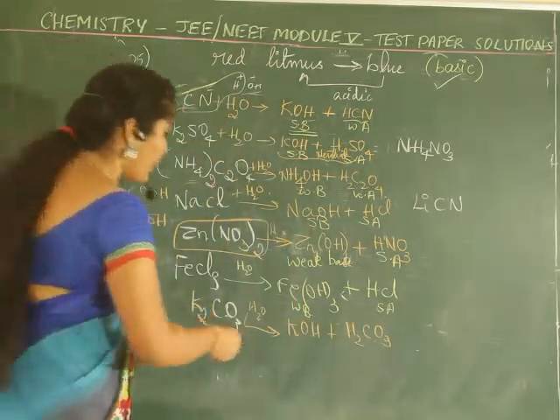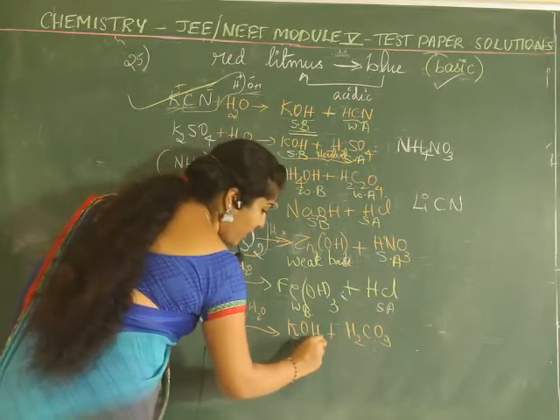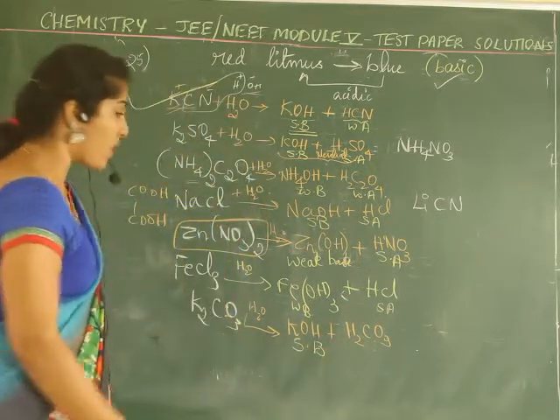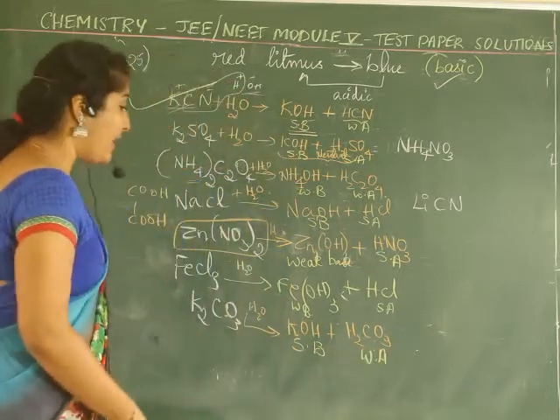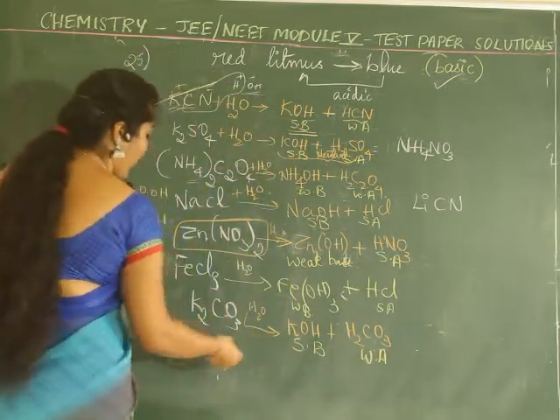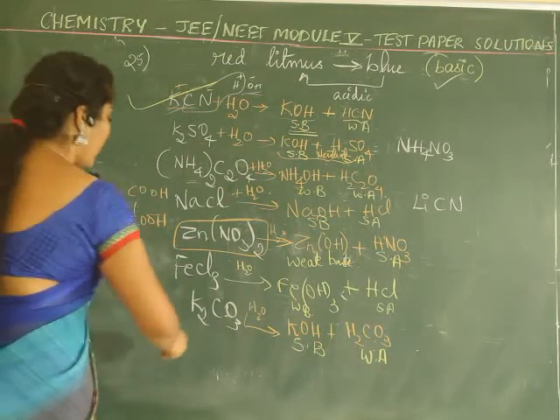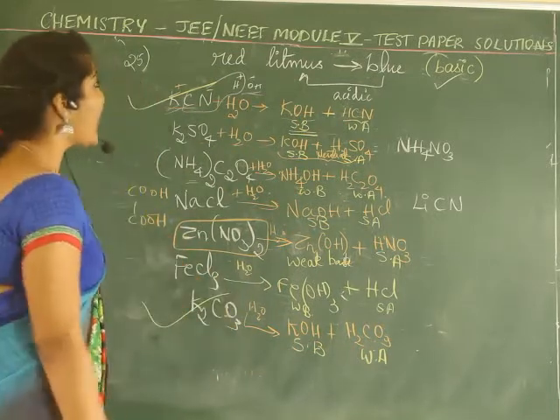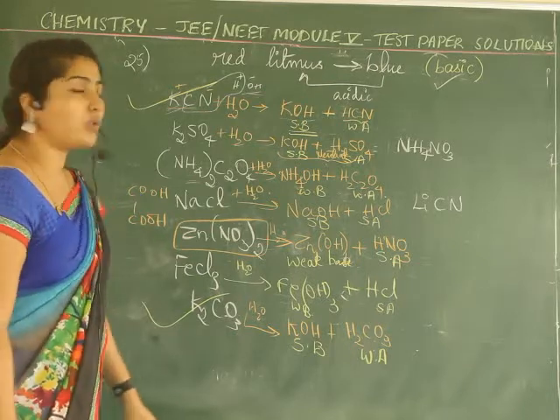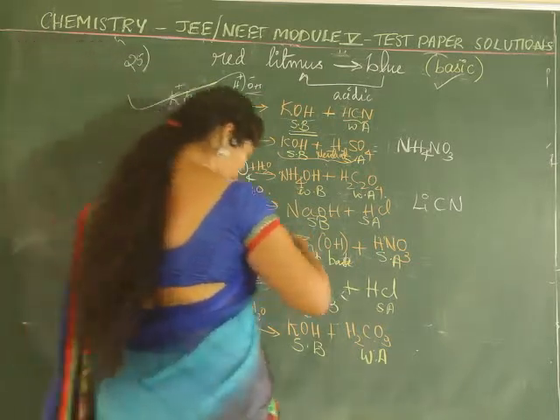Here potassium hydroxide is a strong base, whereas carbonic acid is a weak acid. With a weak acid and a strong base, yes, it can show strong base behavior where it can turn the red litmus into blue. So that can be the option.